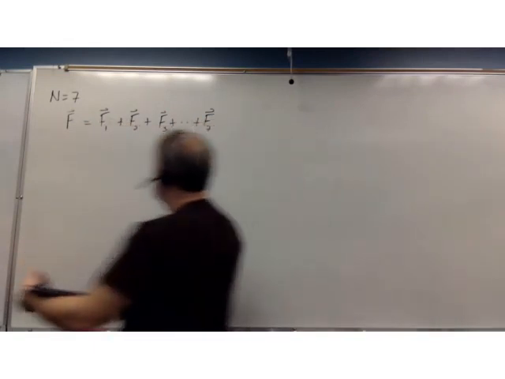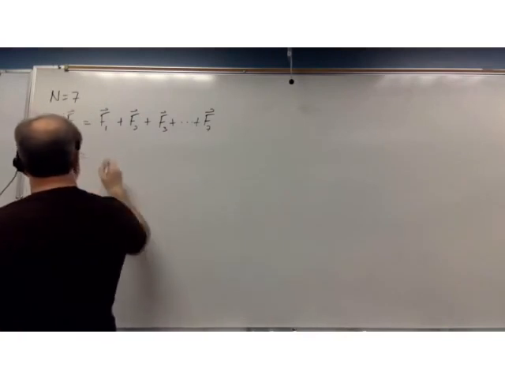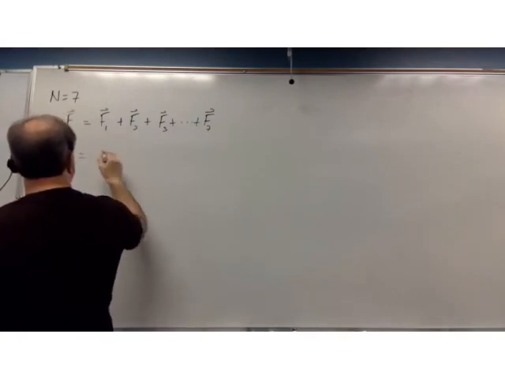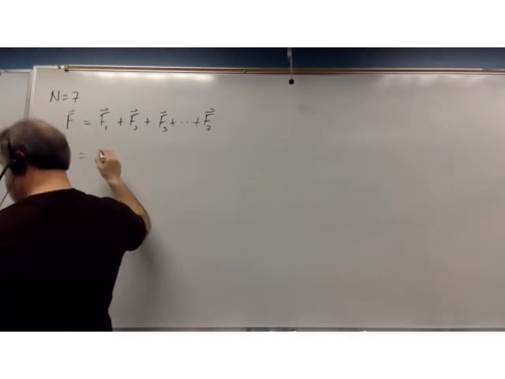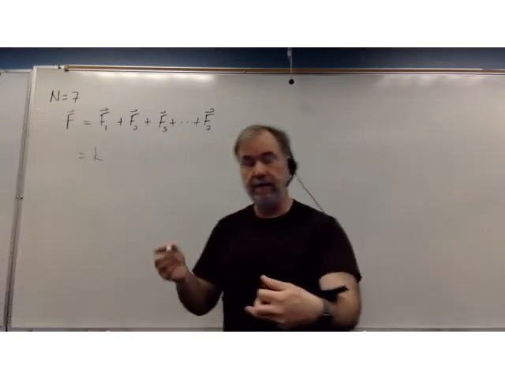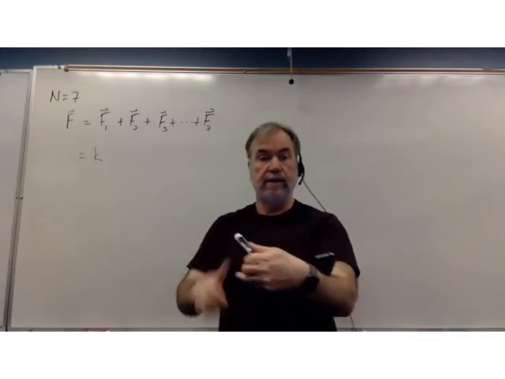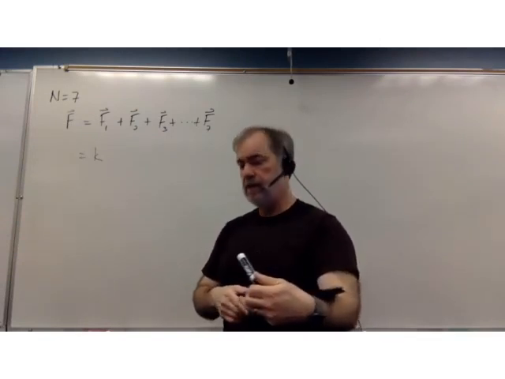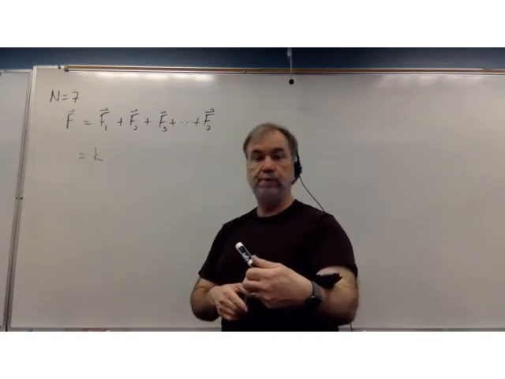Okay. To be explicit, though, for each one of these forces, well, F1 is K. Remember, that's the electric force constant, 8.99 times 10 to the 9th Newton meters squared over Coulomb squared, if I recall correctly.